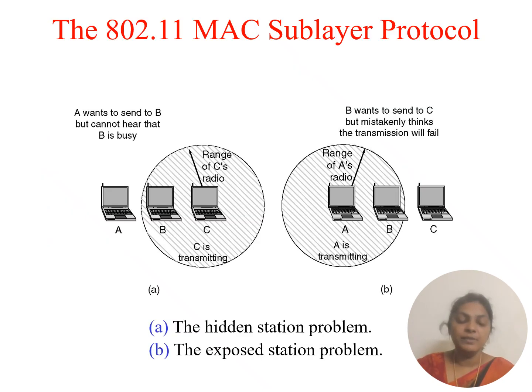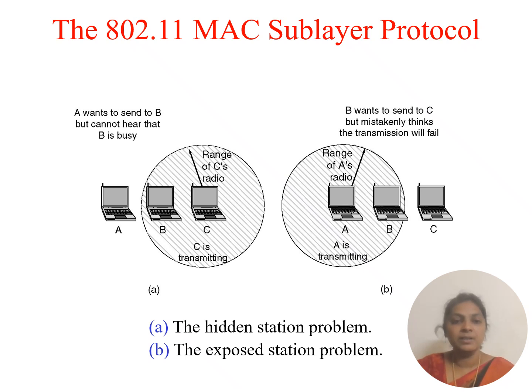We have already learned about the hidden station problem and the exposed station problem in the previous slide. Here comes another example. The first picture on the left-hand side is an example of the hidden station problem.